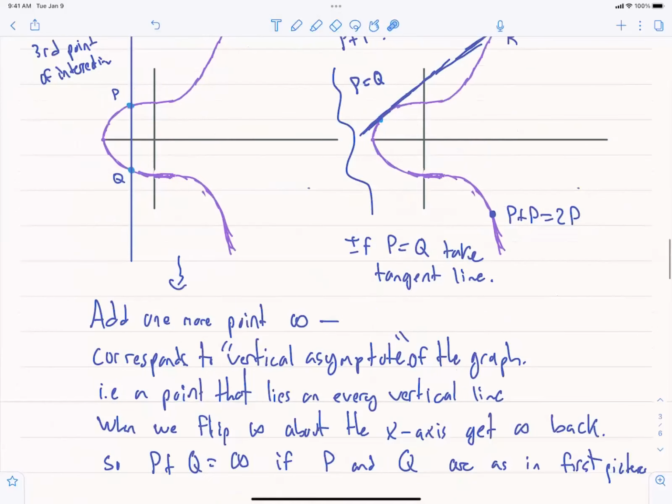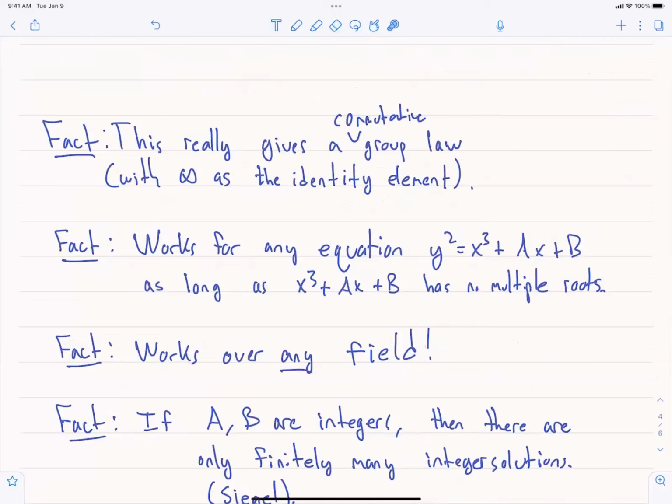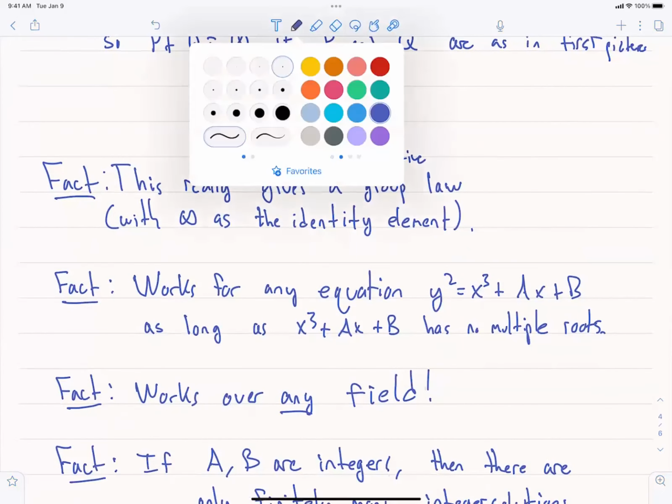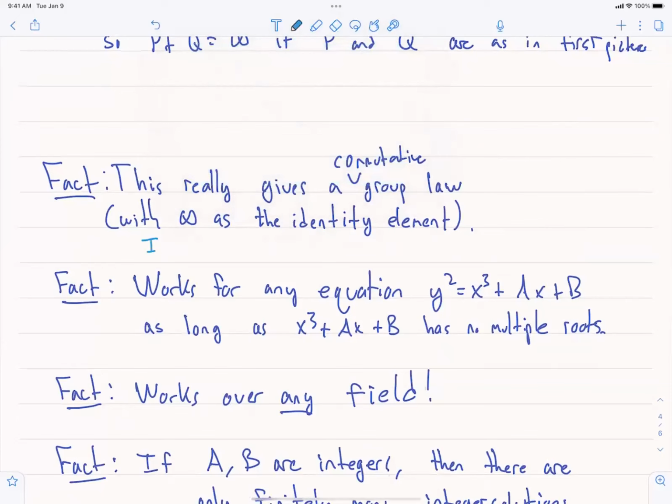So here's the inverse of (x, y): it is (x, minus y).